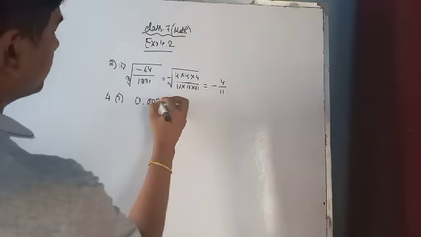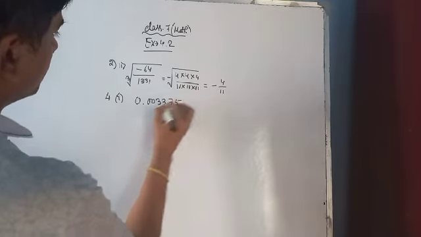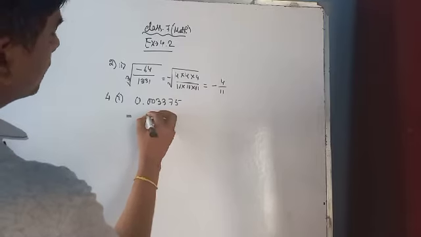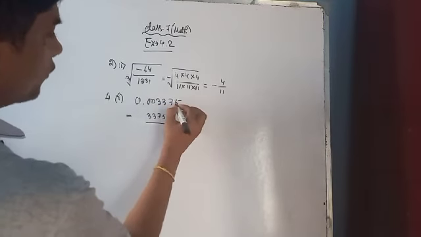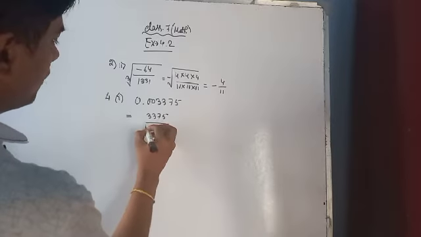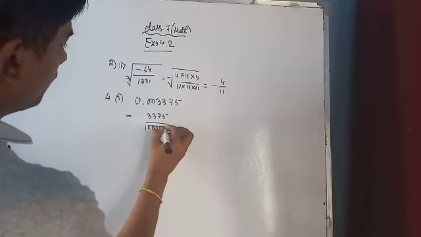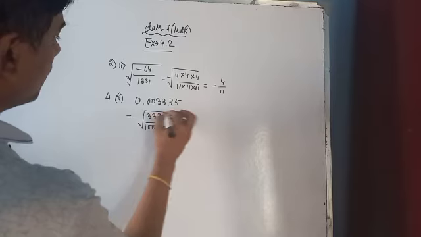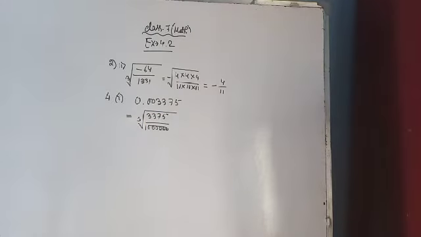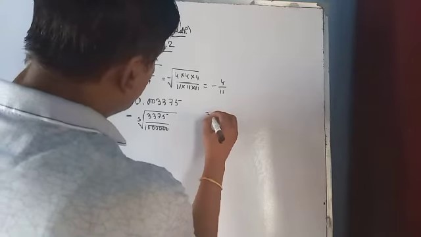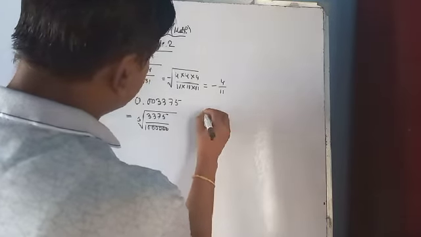4 and 1: 0.003375. So how can I do that? 3375 by how many zeros will be there? Sorry, 1, 2, 3, 4, 5 and 6. So separately you can take the cube root of both figures and you can get the answer. Suppose 3375. So how can I get the factors of 3375?